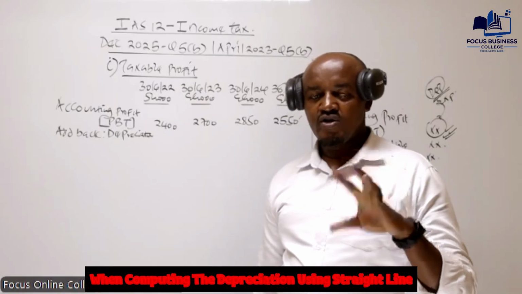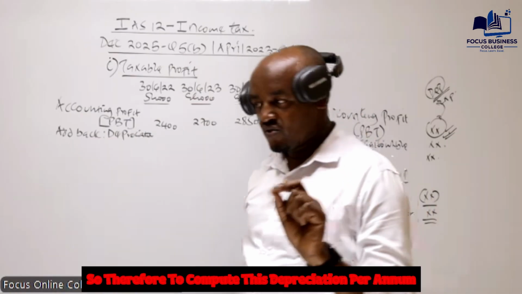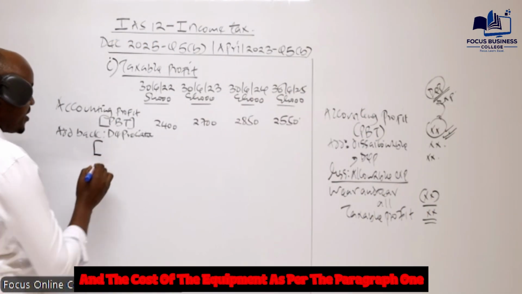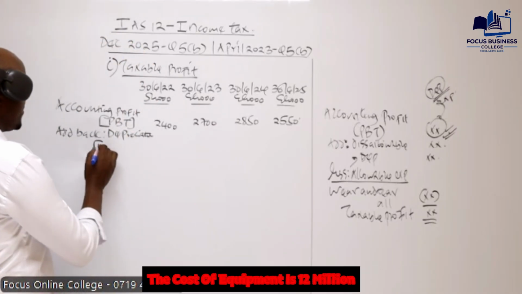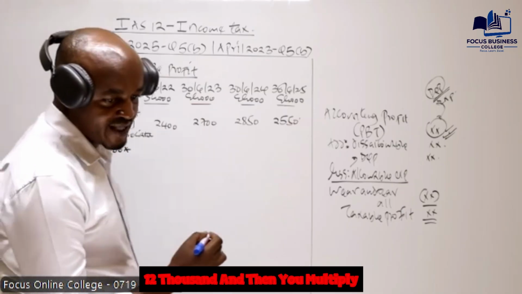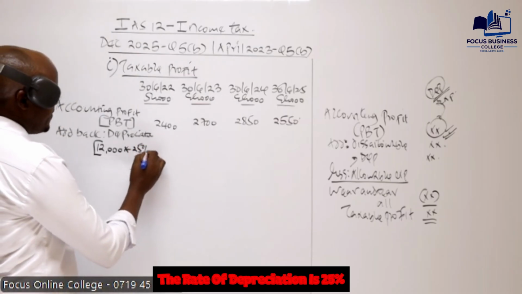Recall, when computing depreciation using straight line, we compute it based on cost. So to compute this depreciation per annum, we take the cost of the equipment, 12 million, but basically we take that as 12,000, and multiply it with the rate of depreciation. The rate of depreciation is 25%.